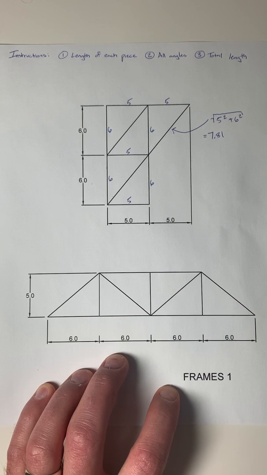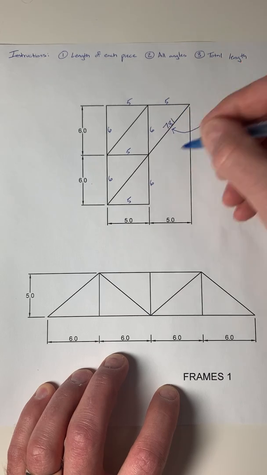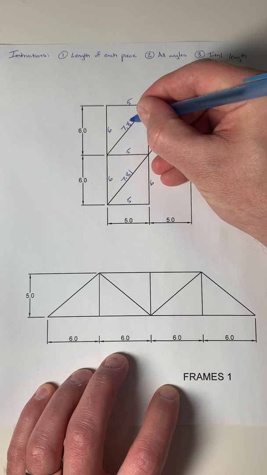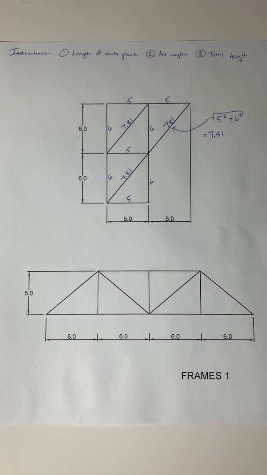Now I'm going to go through to each of the diagonals, and I'll write in 7.81. All right, so now I know the length of each part of that frame.